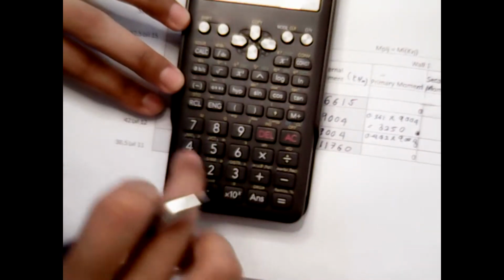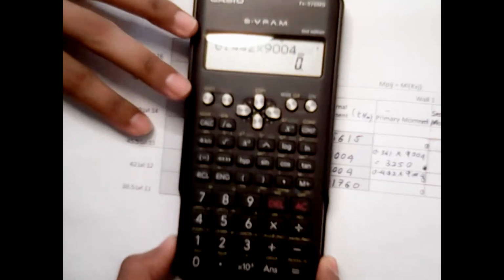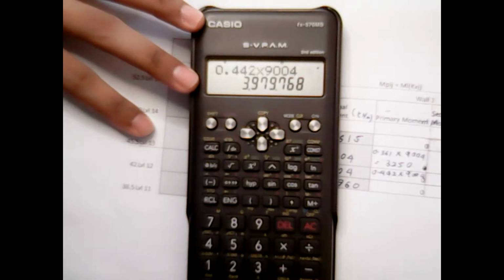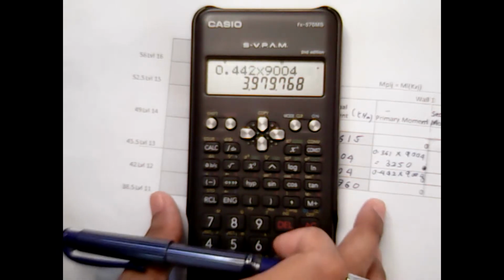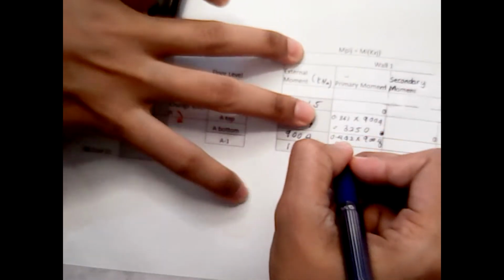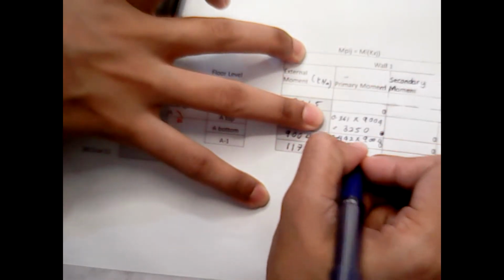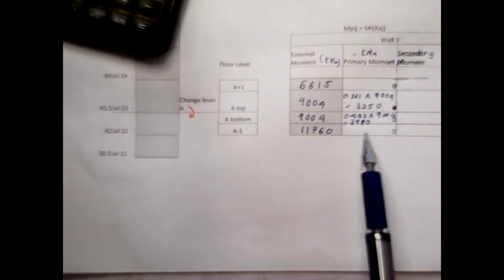You get 3979, so almost 3980 kilonewton meter. So you now have the distribution factor applied.